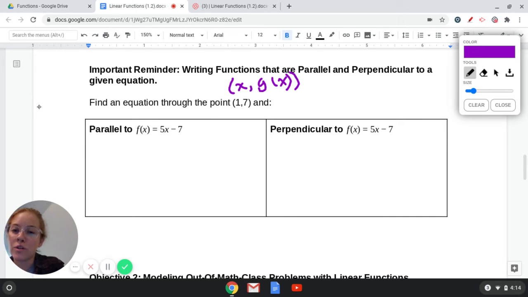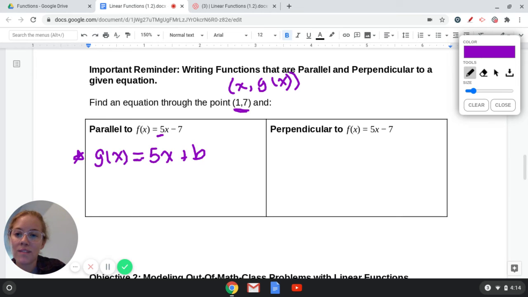So we know that our slope is going to be 5 because it's going to be the same slope. So that means g of x is going to equal 5x plus something. But we don't know yet because it has to be through this point. So we're going to plug in this 1 and 7 into this equation so that we can solve for b, because this is a point on this line. So we can use it to find the y-intercept.